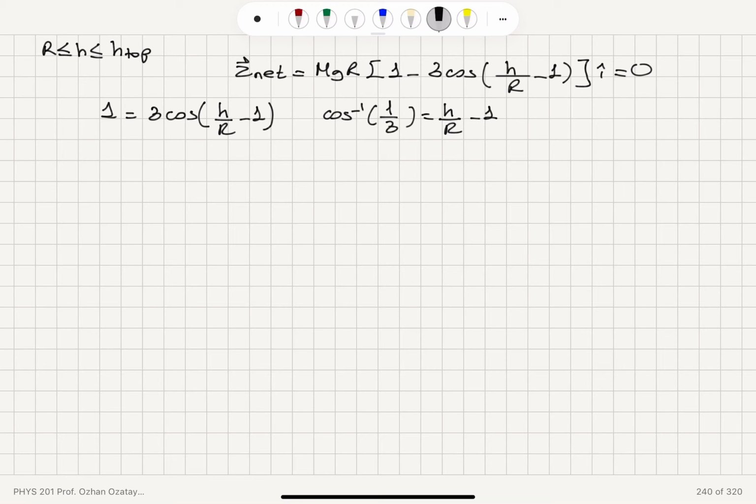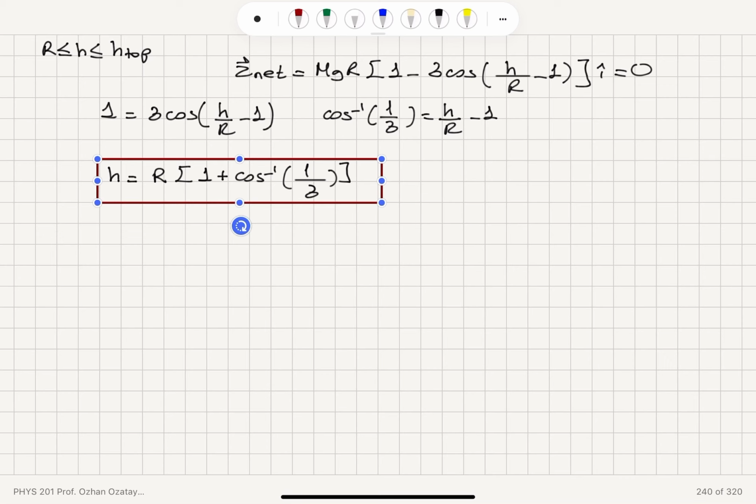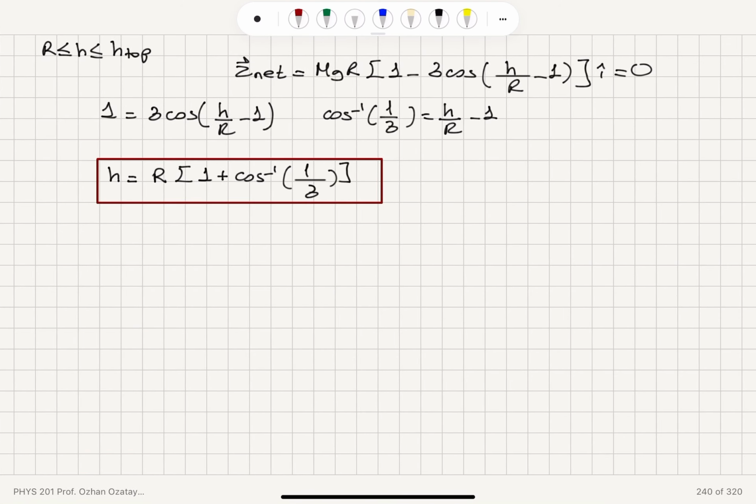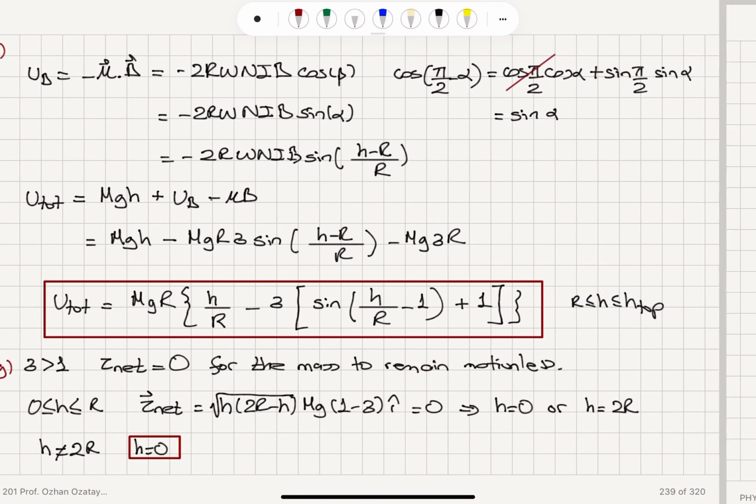Sigma has to be greater than 1 here. You can see for this to work, because cosine is a function that varies between minus 1 and plus 1, h will be equal to R times (1 plus cosine inverse of 1 over sigma). So under this condition, it will remain motionless. So either for h is equal to 0 or h is equal to this value.